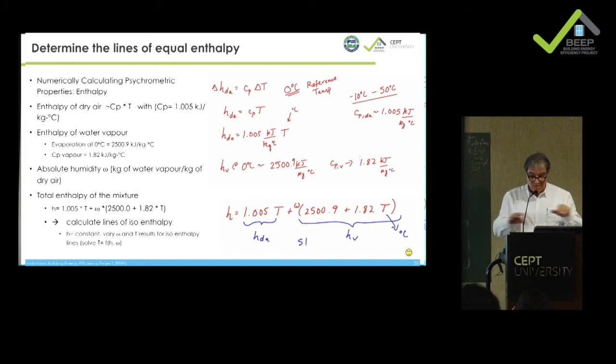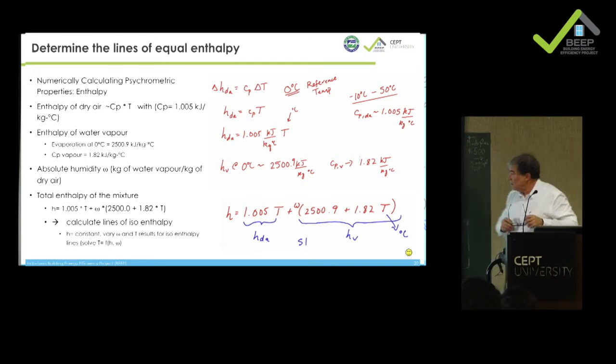So this is just to explain that there are these three main things. One is the absolute humidity, which is how many kg of water per kg of dry air you have. The second is the temperature, the dry bulb temperature. And the third is this enthalpy. These are the three main things which will come in the diagram to make it workable. H stands for enthalpy.